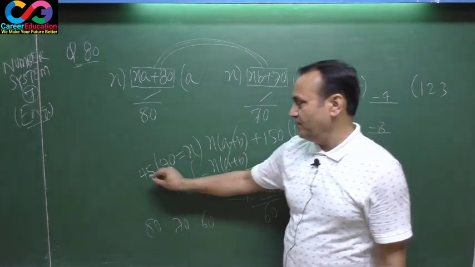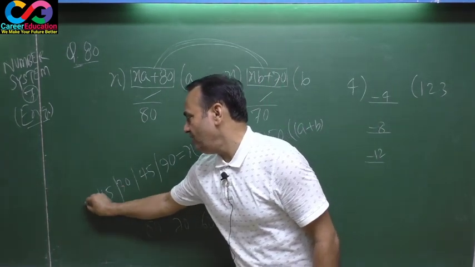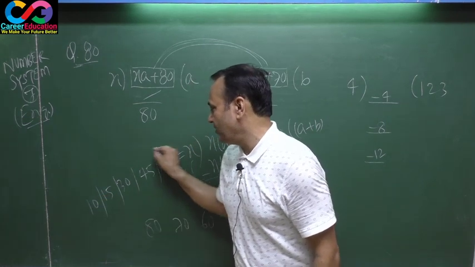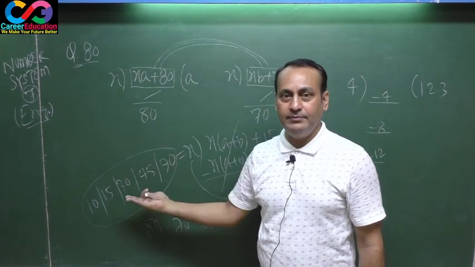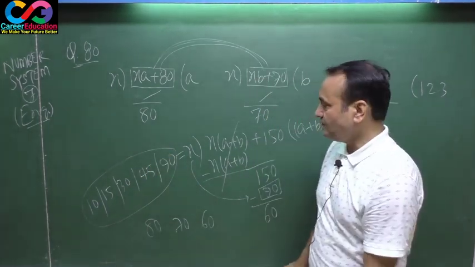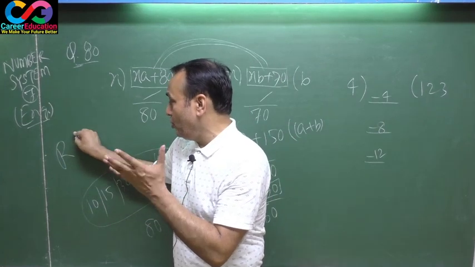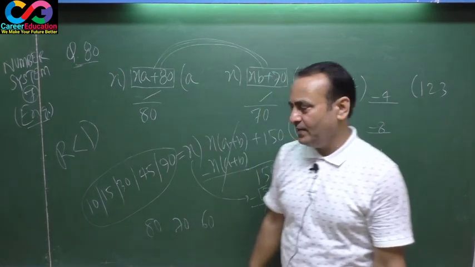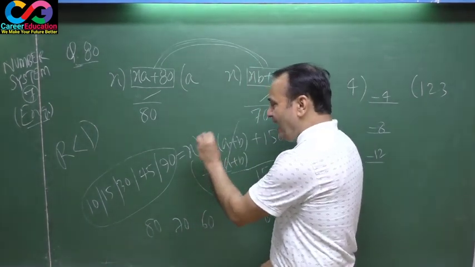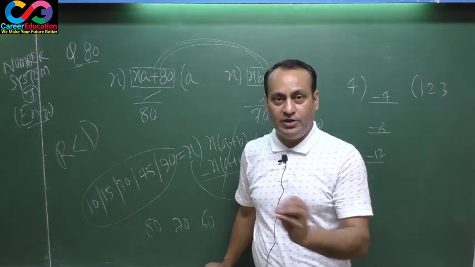This may be 30, this may be 15, this may be 10, anything. X equals anything of them. But exactly you have to remember, you must know yourself, the remainder must be less than the divisor. Now suppose 90, 45, 30, 15, 10 all are possible values of x.